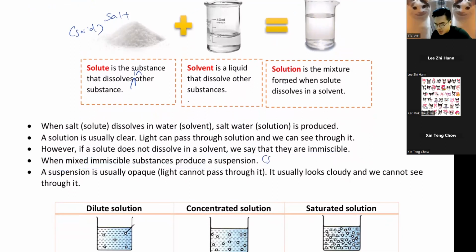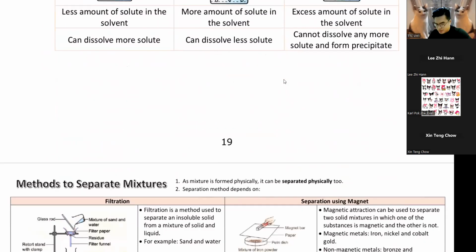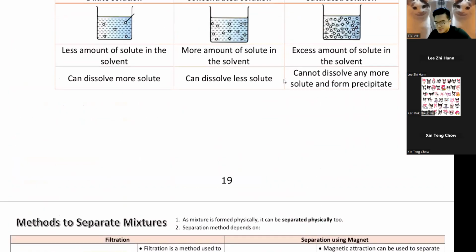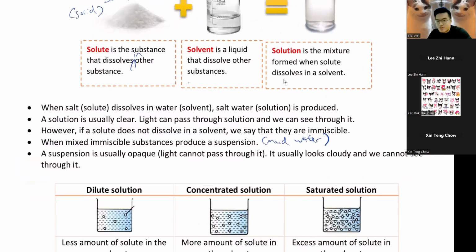Let's say sand water or muddy water. Can mud dissolve in water? Can sand dissolve in water? No. So this is what we call a suspension. When something cannot dissolve, we call it a suspension.